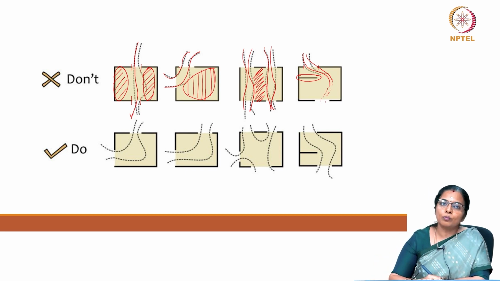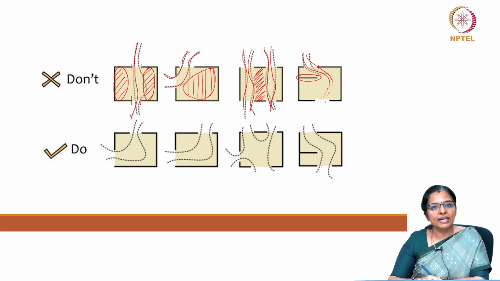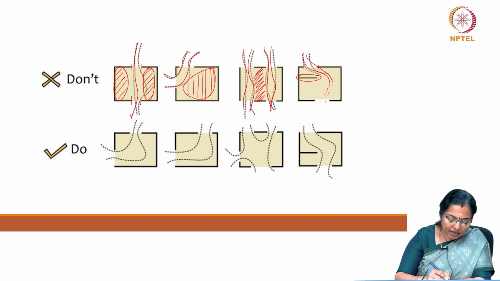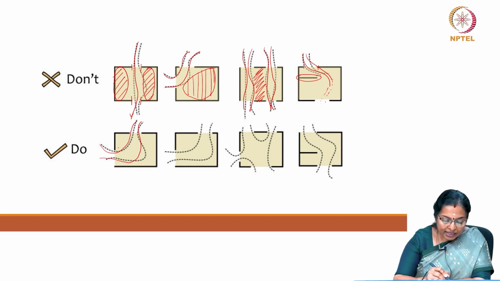What is it you must do, or what is the best case scenario? The best case scenario is, if you have to have perpendicular walls, then you have windows. Size of the window and position of the window is very crucial here.